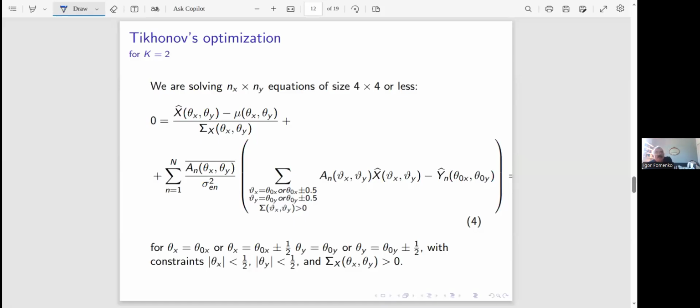What is the dimension of your matrix, Sergiy? How many of those equations do you have? 16, right? What is the dimension of your sigma x, the diagonal matrix? In this case sigma x is twice nx times twice ny.